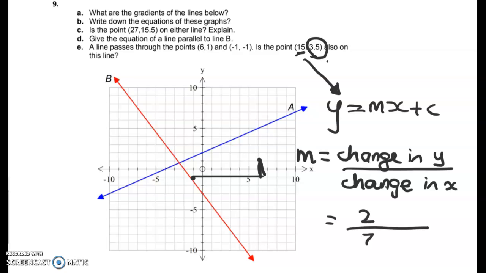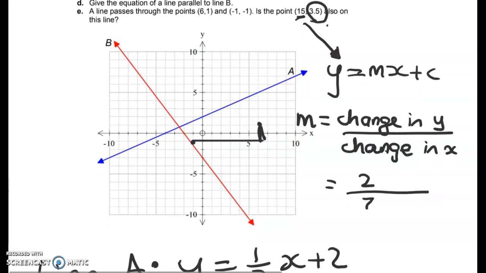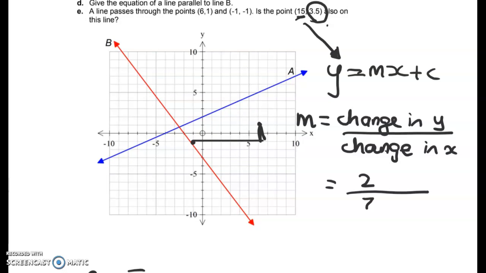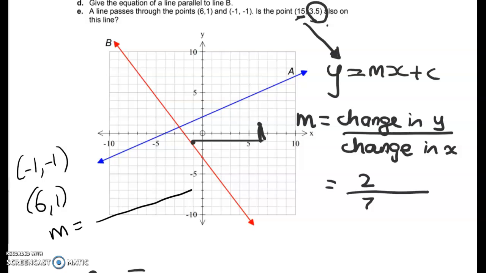So let's have a look at how I can do that without drawing the graph. Well, we've got the coordinates of the points. The points are 6, 1 and negative 1, negative 1. So what was my change in y? Well, it was this value minus this value. 1 take away negative 1.